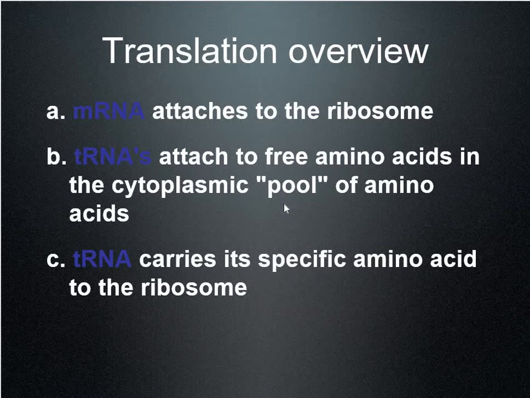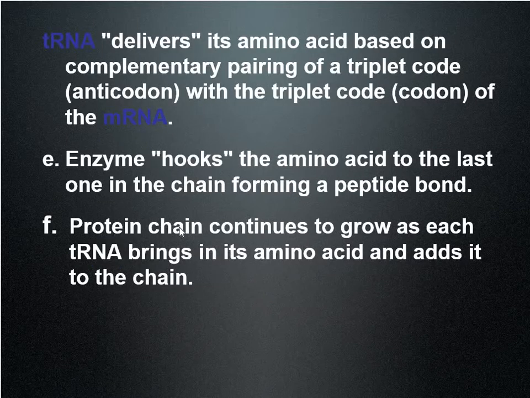Classically speaking, mRNA attaches to the ribosome. tRNA attached to amino acid. tRNA carries the amino acid to the ribosome. tRNA delivers the amino acid to the ribosome by looking for complementarity between the codon of mRNA and the anticodon of tRNA.